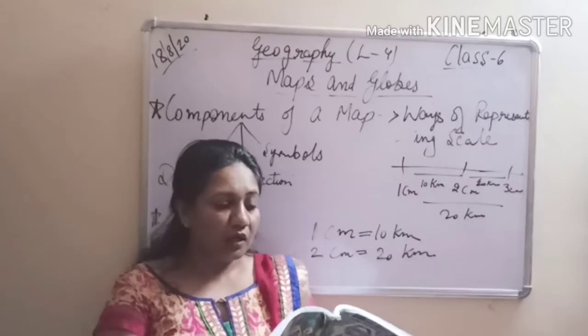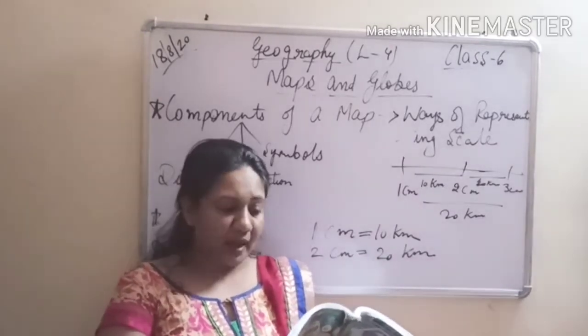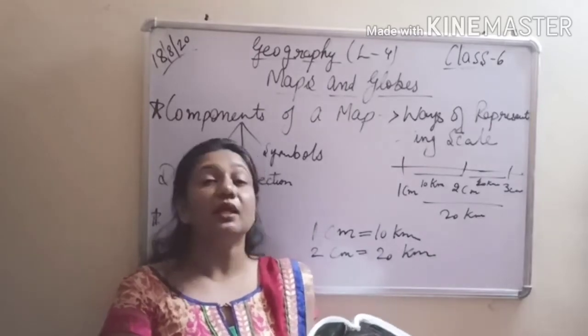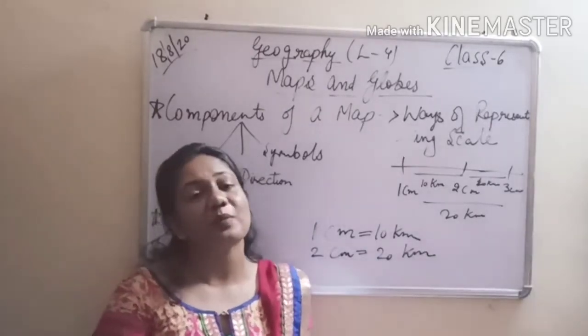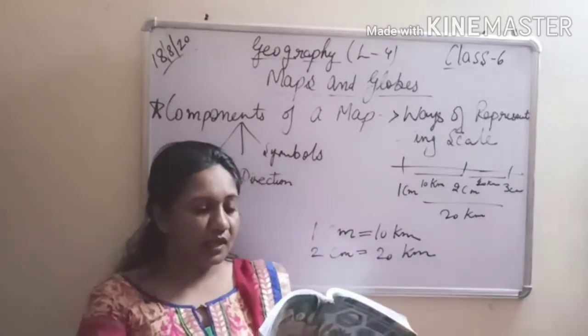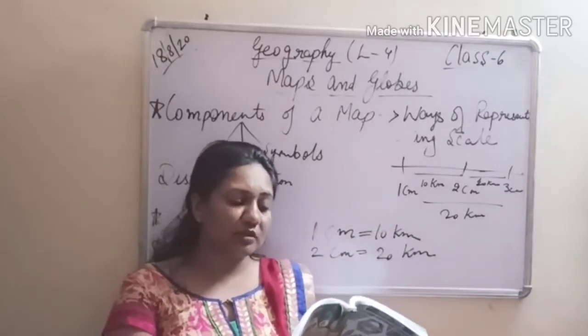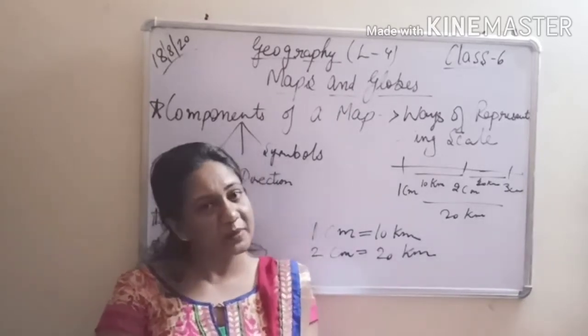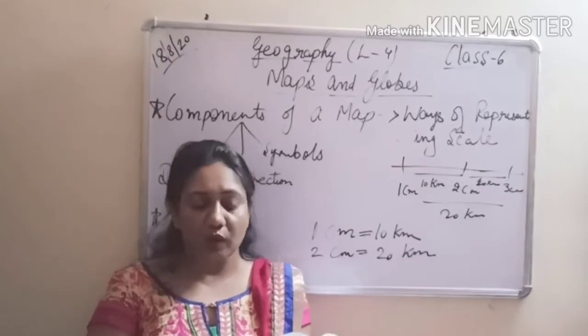So let's see. By a statement, in this method, this is the first method to represent a scale on a map. The scale is given in words. Please underline. So what is this method? In this method, simply we represent it in the form of words. For example, 1 centimeter is to 10 kilometers, or 1 centimeter is equal to 10 kilometers. So we represent it in the form of a word.